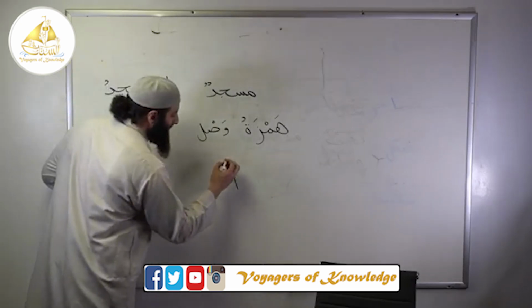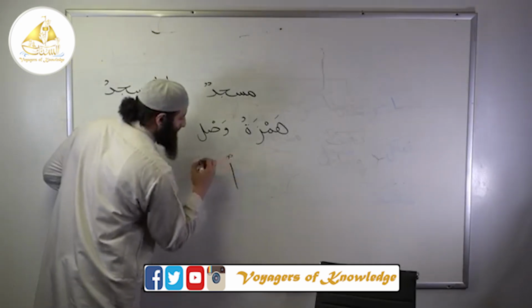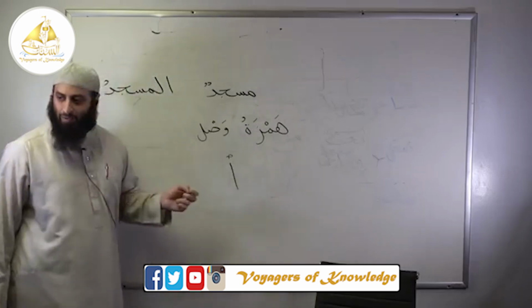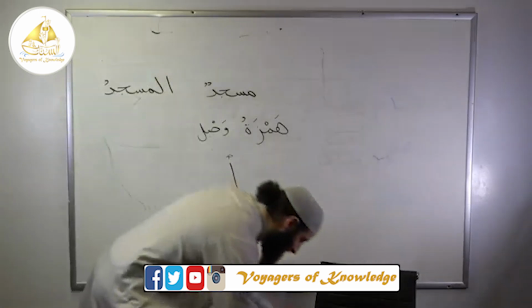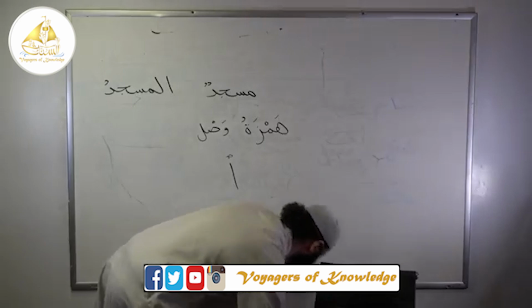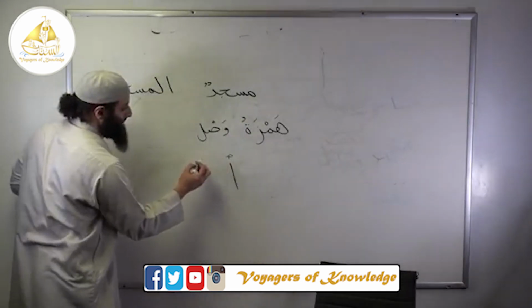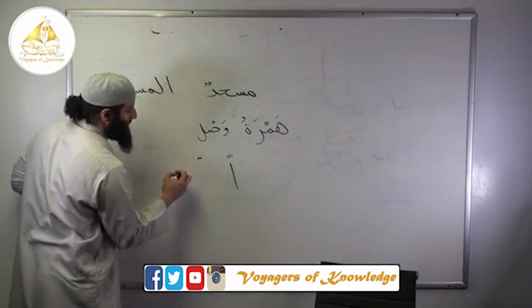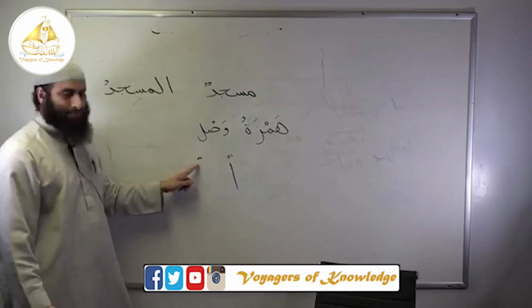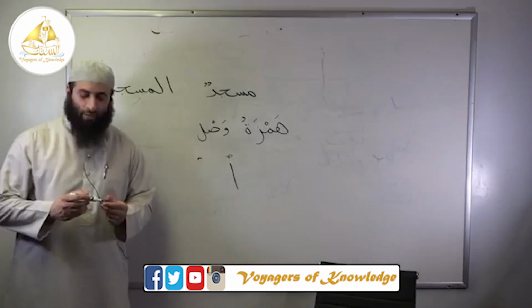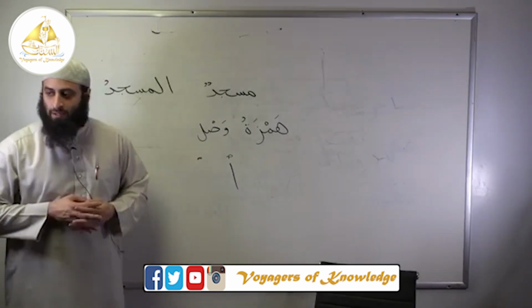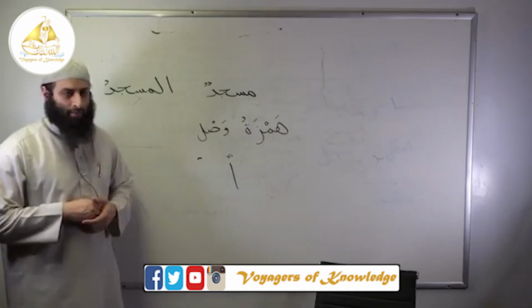If you see this symbol, it looks like a little slide on top, yeah, that's the one. It's pretty small, but sometimes it'll look like this. That's how you can tell that's a hamzatu waslin. And you see it very often in the Quran.